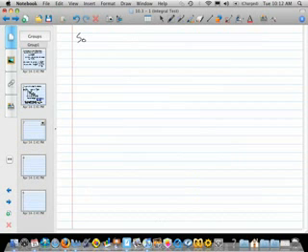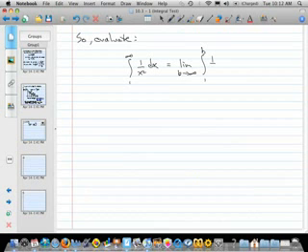So let's evaluate this integral, 1 to infinity of 1 over x squared dx, and see what happens. So that's equal to the limit as b goes to infinity of the integral from 1 to b of 1 over x squared dx.